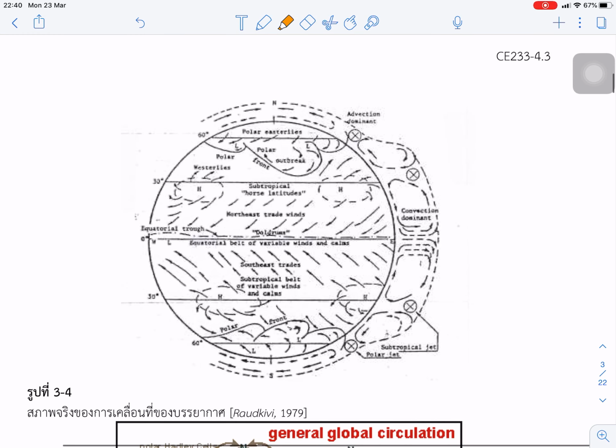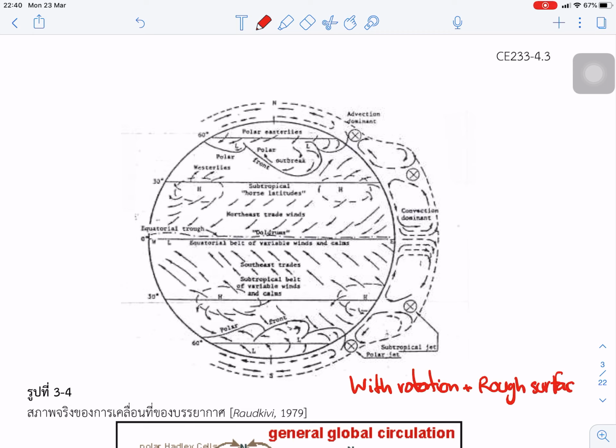This figure shows the real condition for the wind direction on Earth, the condition with rotation. In real conditions, the Earth surface is not smooth; it is a rough surface.